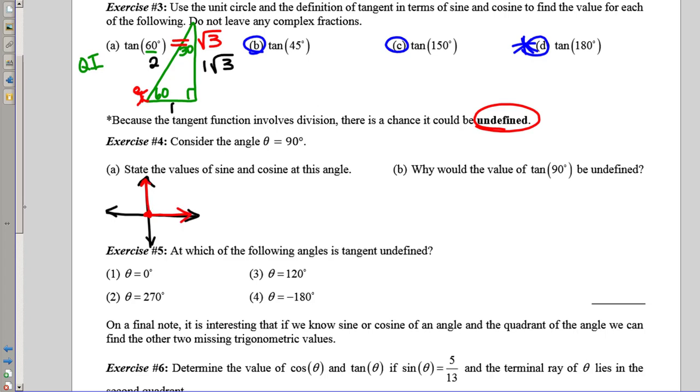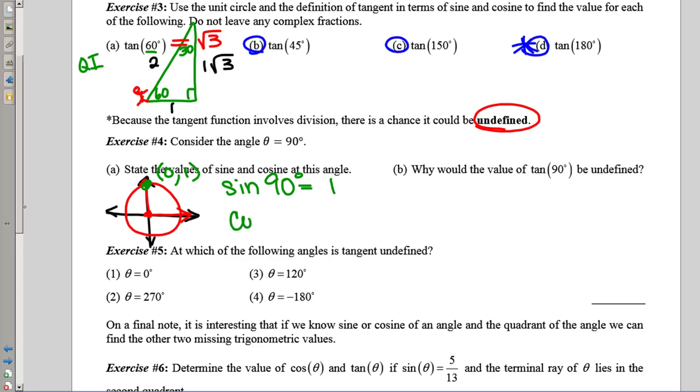So we have this quadrantal angle, and we have a unit circle. Sorry about the not well-drawn circle there. And so we have a point on the circle that's also on the positive y-axis, and that point has the coordinates 0, 1. So the sine of theta, or the sine of 90 in this case, would be the y value.